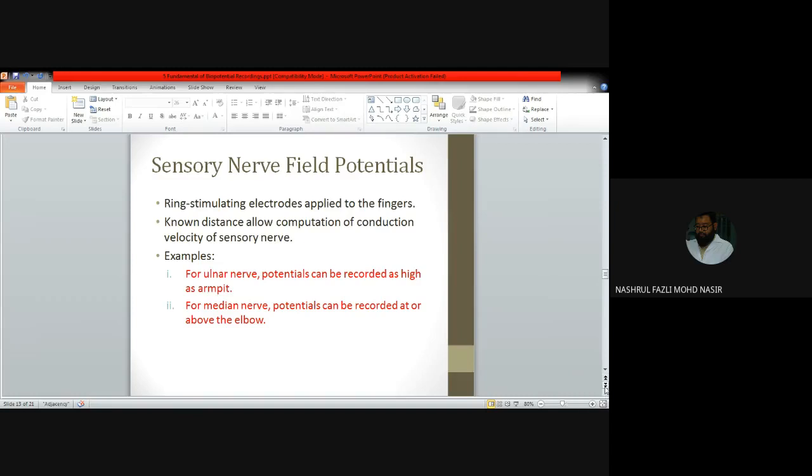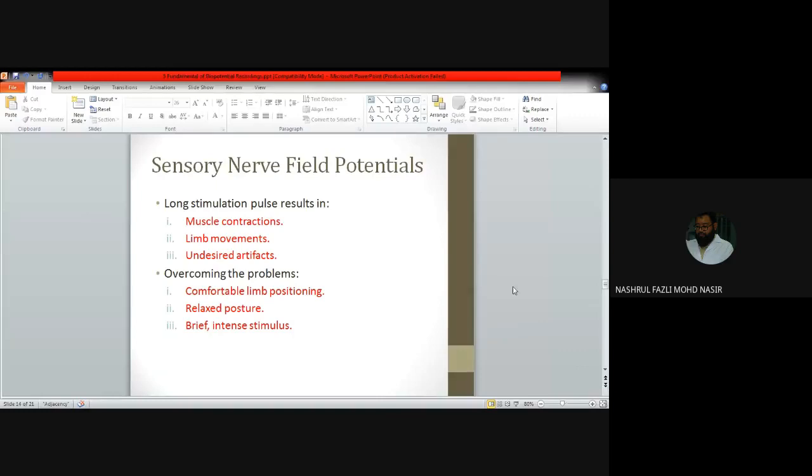Let's go to the next page. Long stimulation pulses result in muscle contraction and limb movement, which cause artifacts. So these are the things to consider if you need to do experiments for a long time.